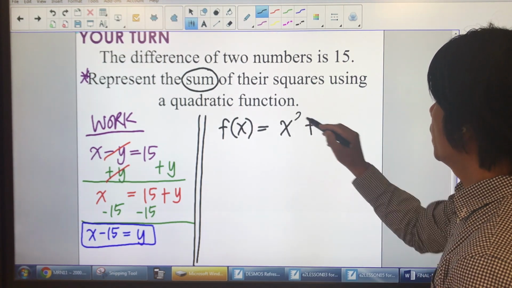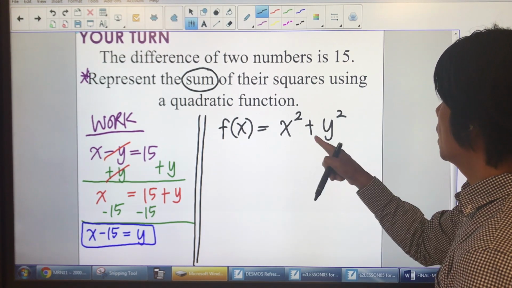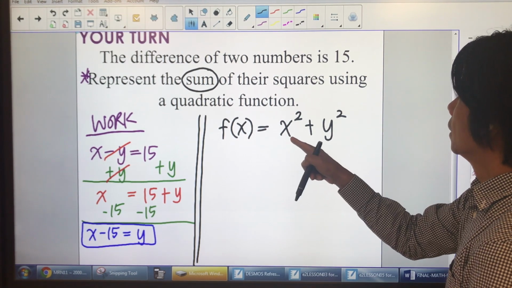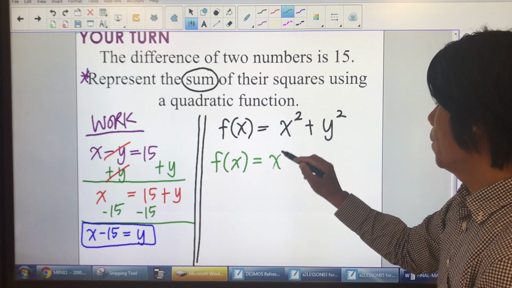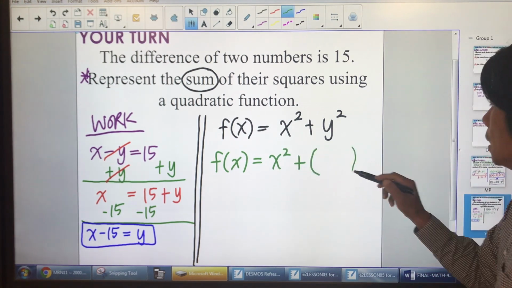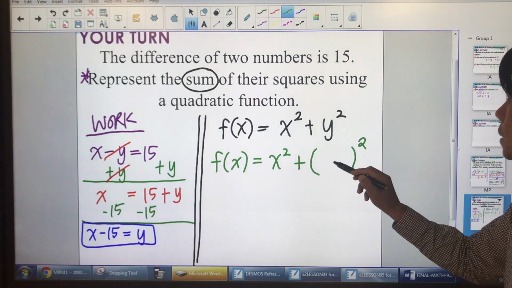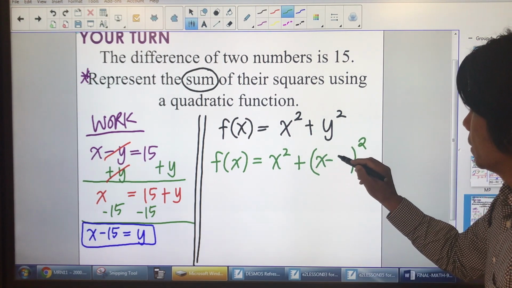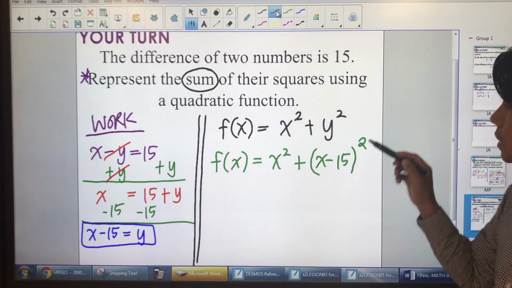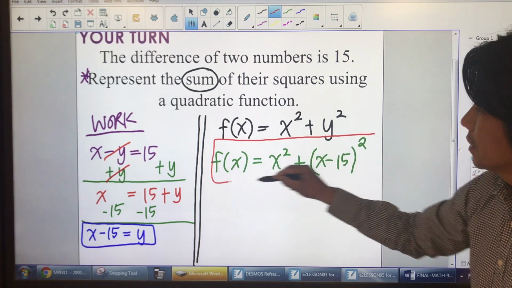X squared, y squared. The sum of their squares using a quadratic function, this y. So x squared plus parentheses, what is y again? X minus 15. So this is one way of writing your final answer.